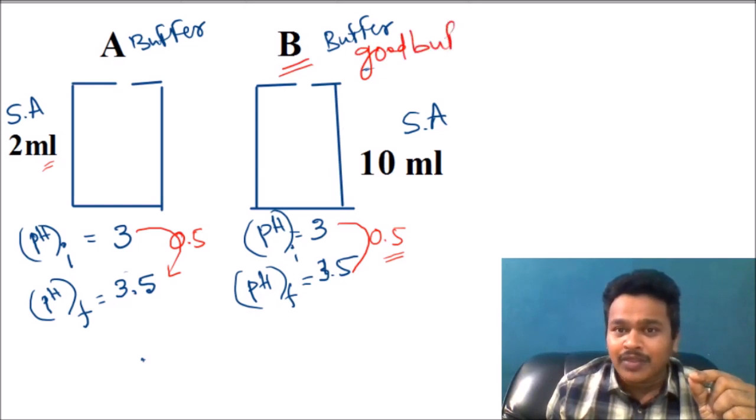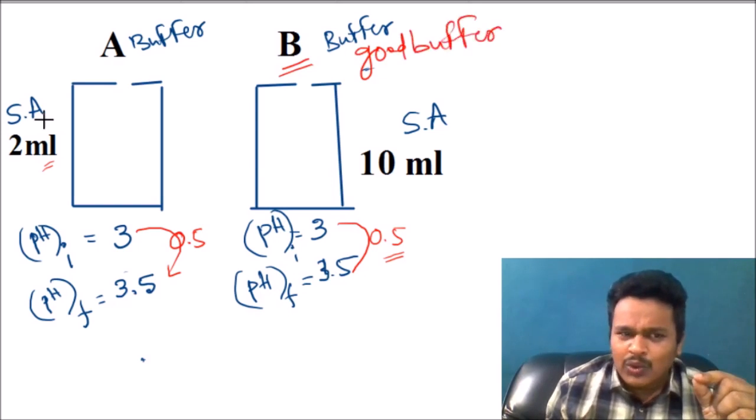Correct or not? Why is it a good buffer? For A, you add 2 ml and a 0.5 change occurs.